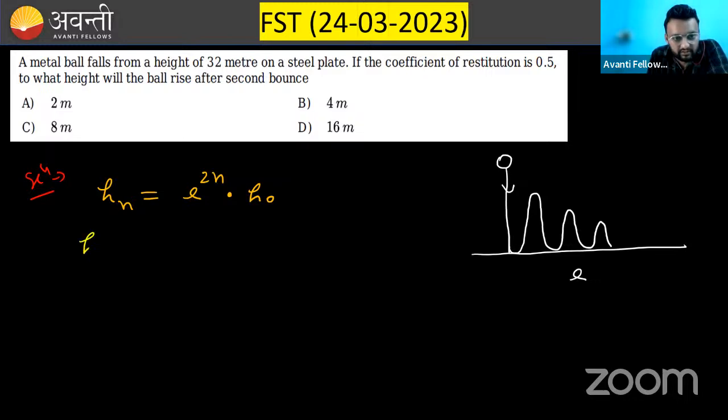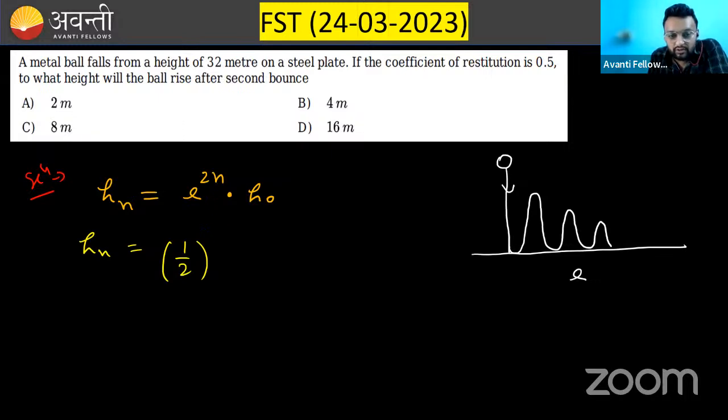So Hn is equals to e, which is 0.5. 0.5 is what? 1 by 2 raised to the power 2n.